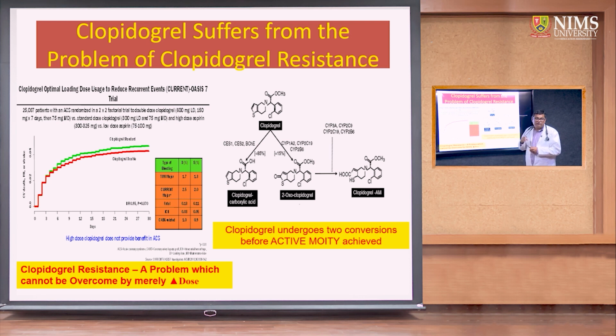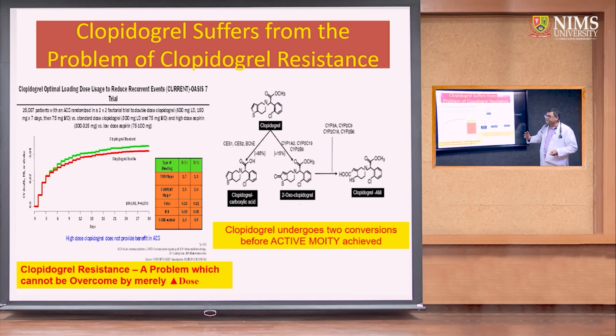If you give clopidogrel to those people, it is like not giving any antiplatelet agent, so naturally they will have arterial thrombosis. But you do not know which people will have this resistance. The value of resistance also varies widely between studies. Some studies say 5%, some studies say 30%. Depending on different populations, clopidogrel resistance happens.